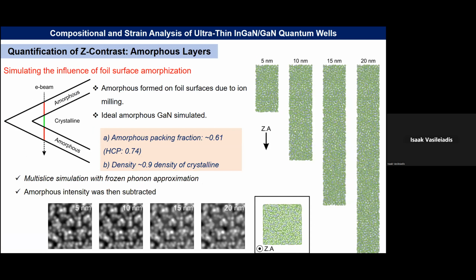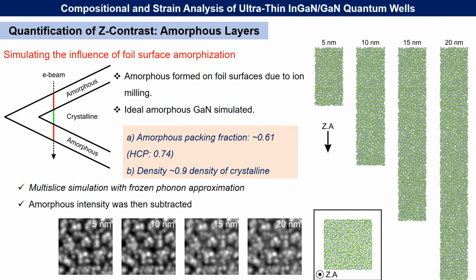Another part we have to take into account is the effect of the amorphous layer. In each STEM sample, we have the foil surface and a part of amorphization. We have amorphous layers on the surface. These amorphous areas are created due to ion milling, and we have to take into account the thickness of these layers in order to determine the crystalline part, and after that to determine the composition.